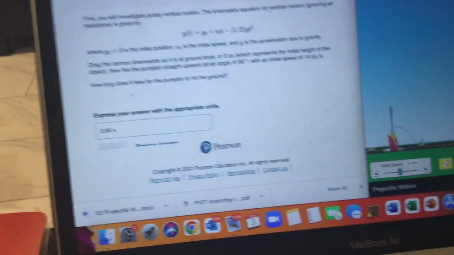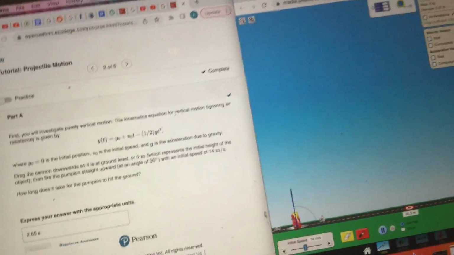And we got the answer, 2.85. That's correct. So we can move on to part B.